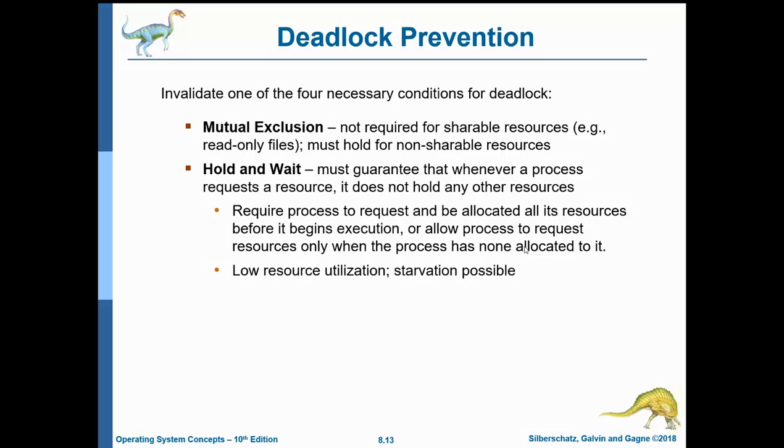Okay, so ada disadvantage bila pakai hold and wait prevention macam ni. Pertama adalah the resource utilization may be low. Sebab you cakap proses yang nak request tak boleh hold another resource, so kadang-kadang resources tu tak ada being allocated. Resources may be allocated but unused for a long time.